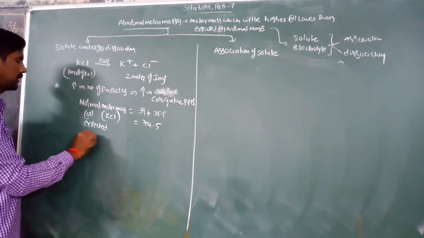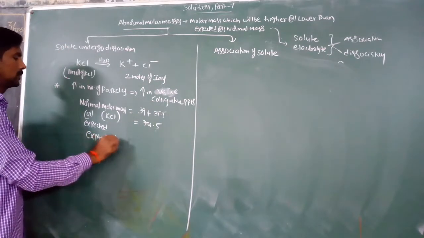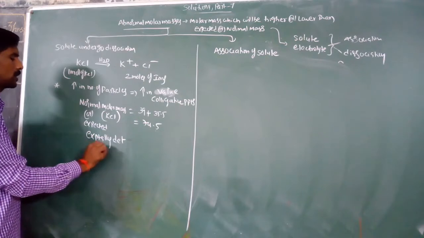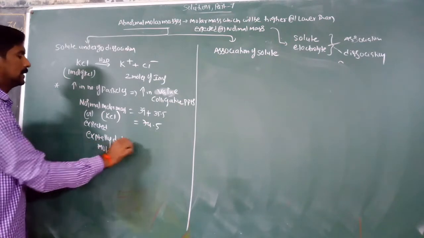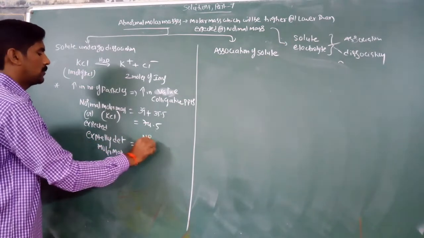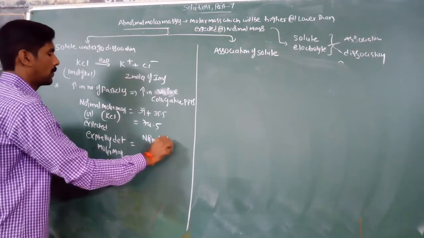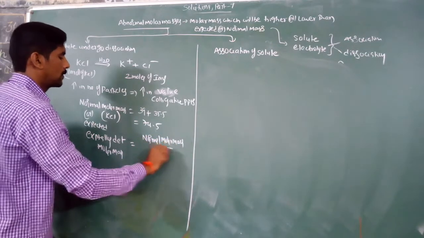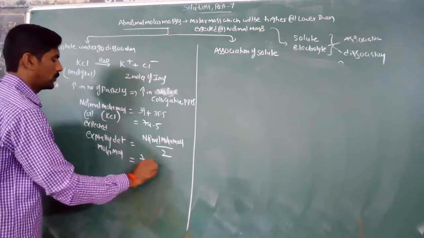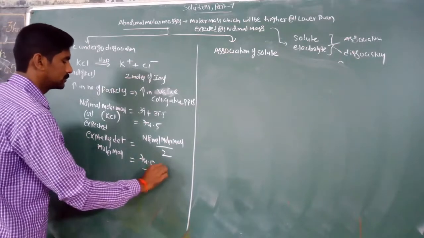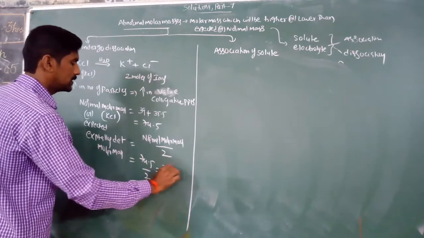What is the experimentally determined molar mass? It is the normal molar mass divided by 2, that is 74.5 by 2, which is 37.25.